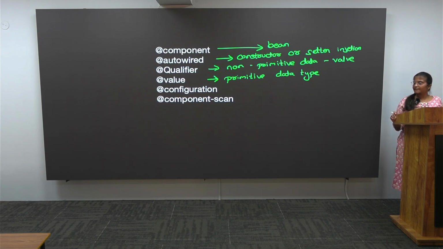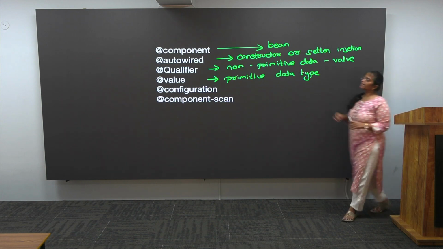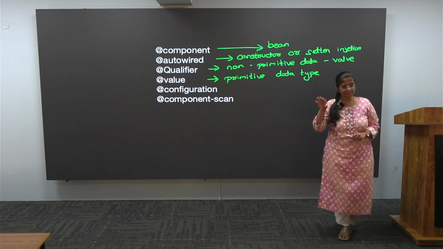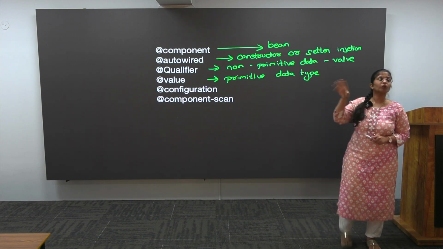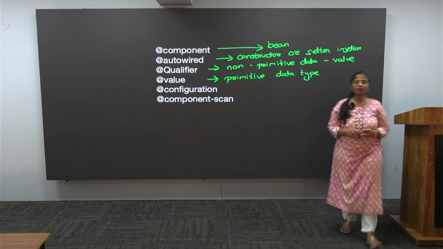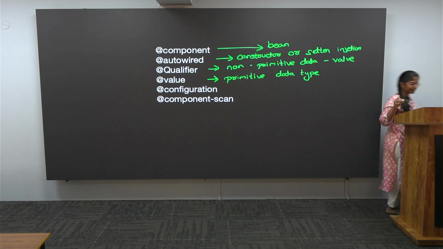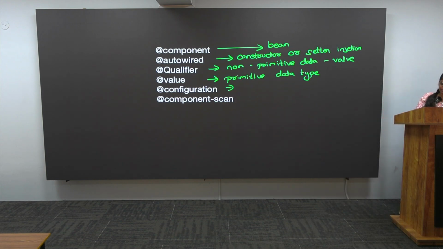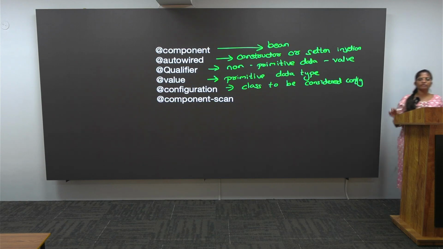Next, @Configuration. If you want to treat a class as a configuration file, then you need to make use of an annotation called @Configuration. Means for a class to be considered as config, you have to make use of this configuration annotation, okay.